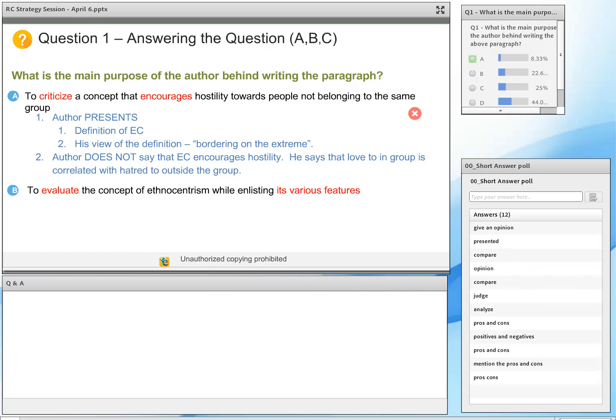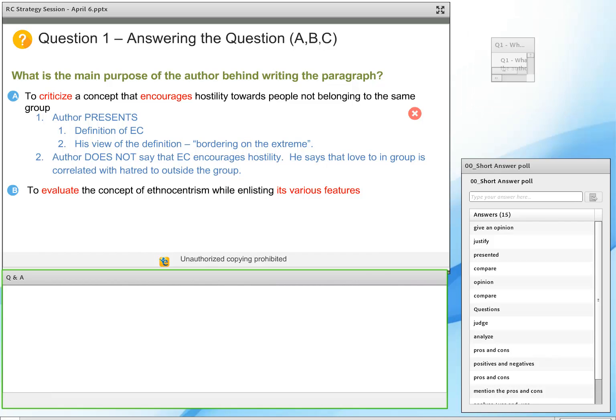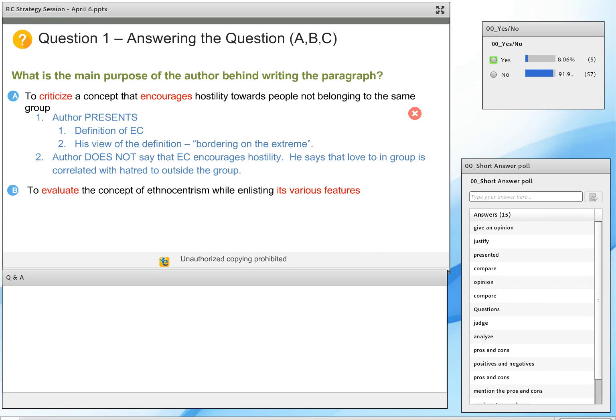Now, for the 19 of you, which is about 20% of those who responded to this question, did you select and answer this question, yes or no? Let me get the poll. And this question is only for people who selected choice B. Did you select choice B because you saw certain positive features in the passage and certain negative features mentioned in the passage?